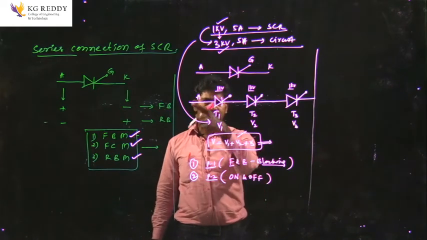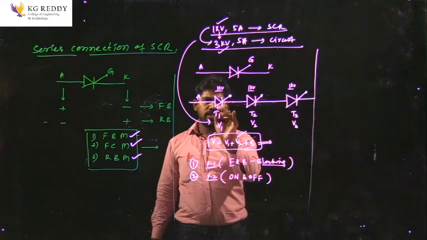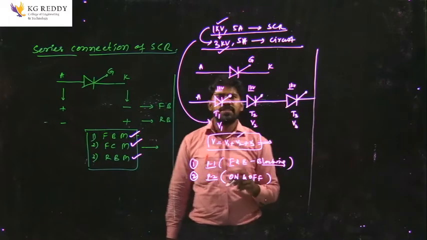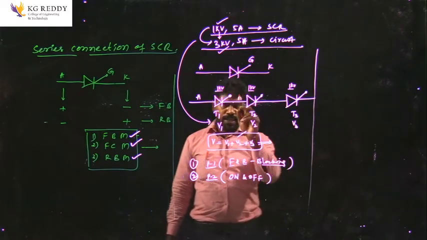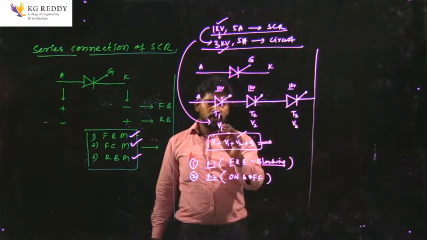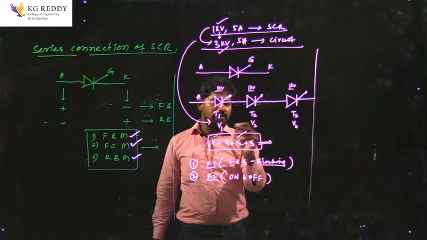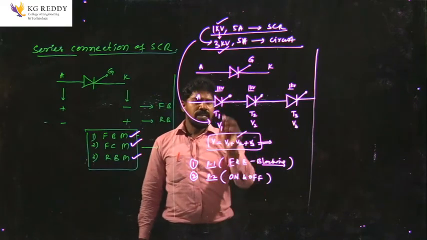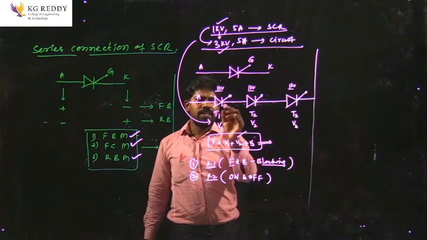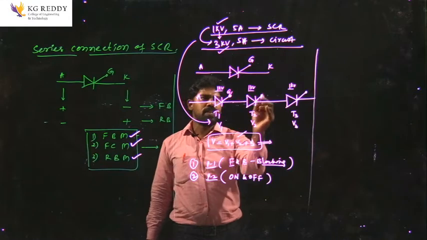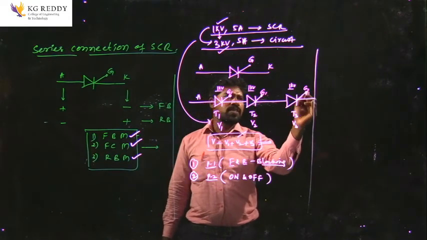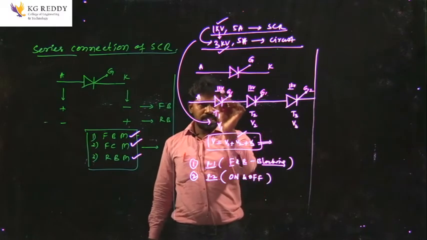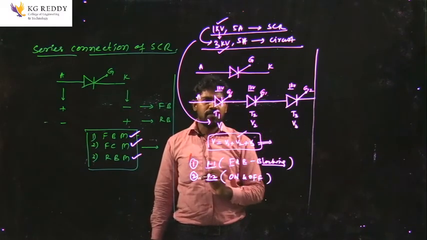Look at this structure: SCR1, SCR2, SCR3, three SCRs connected in series, with voltages V1, V2, V3 across them respectively. G1, G2, G3 are the gate terminals of SCR1, 2, 3 respectively.